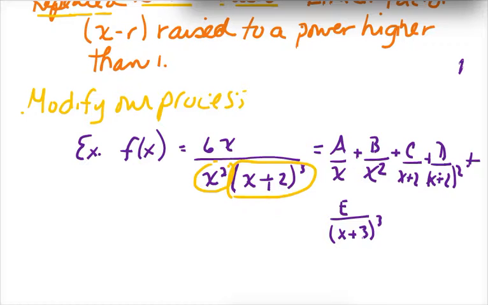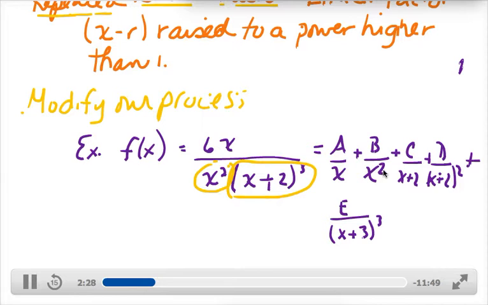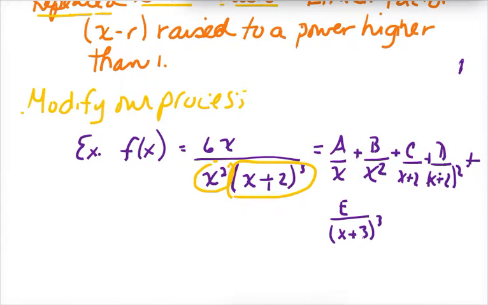So the amount of work increases obviously as the number of coefficients increases, but we modify the process to include a partial fraction for each power of x minus r up to and including the final power.